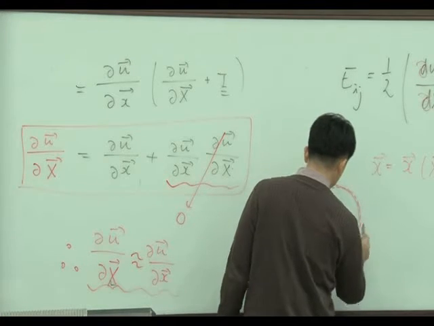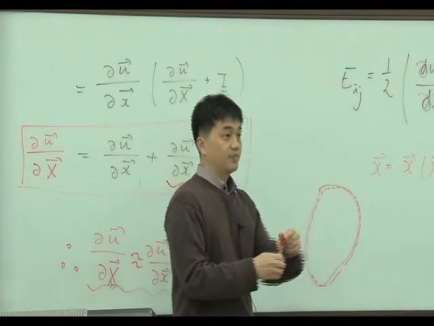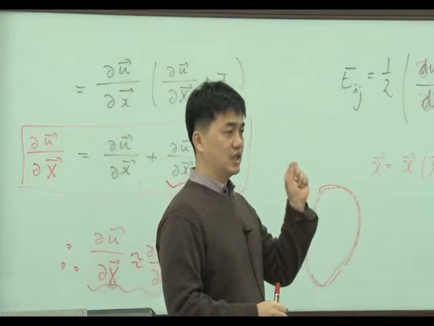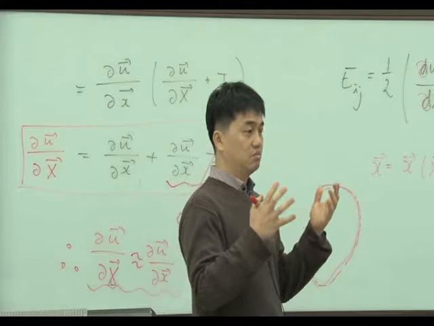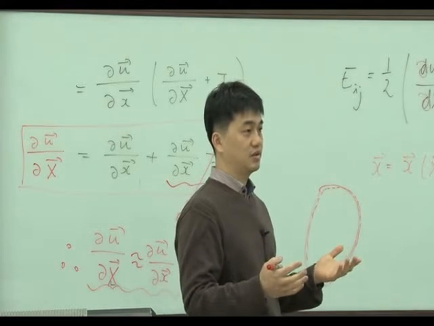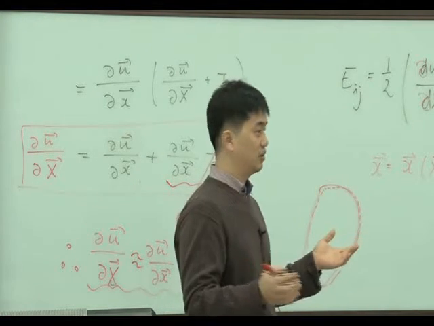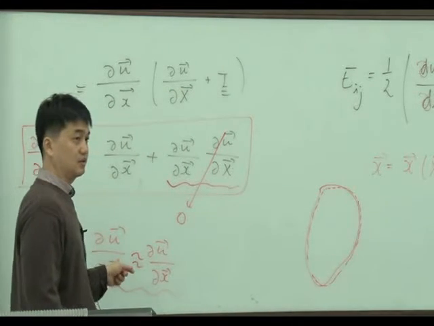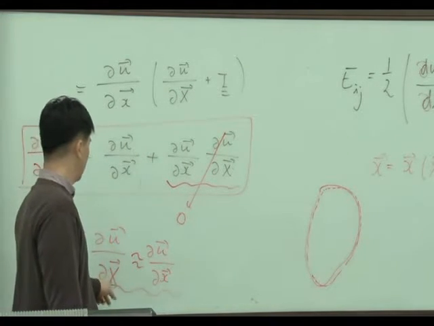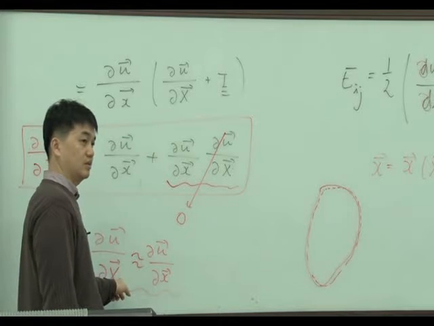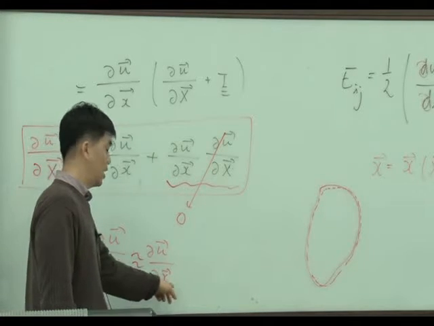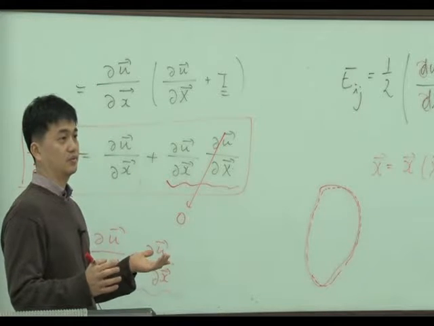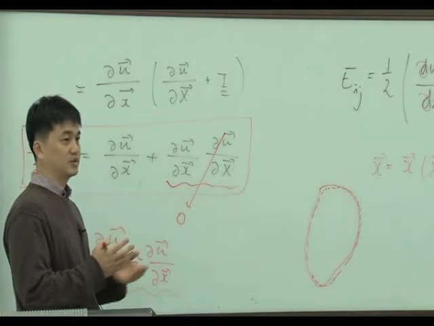This is the current configuration. So regarding the geometry, the current and initial geometry are very similar. No big difference. So even when we take the derivative, the gradient, about the initial configuration or the current configuration, both are similar, almost the same.